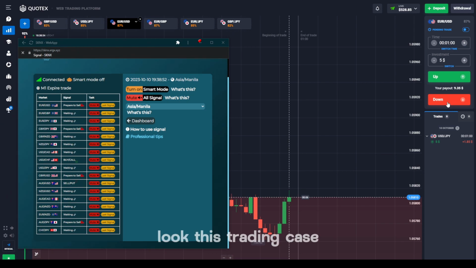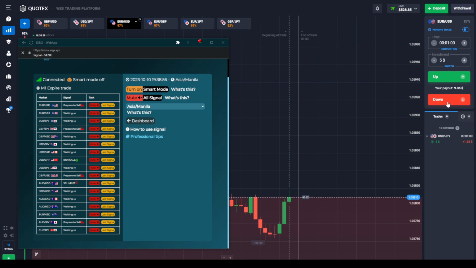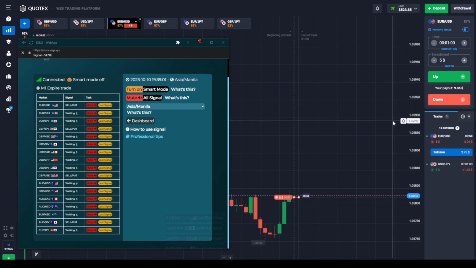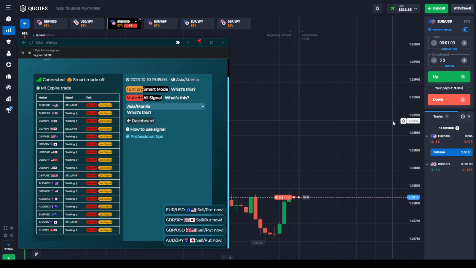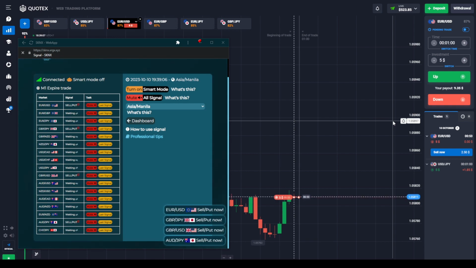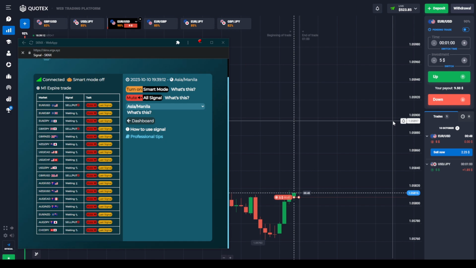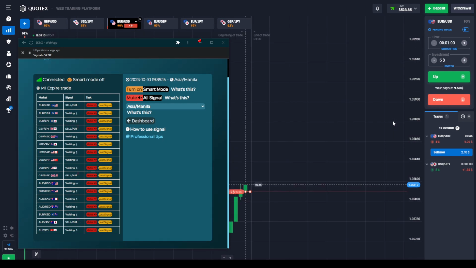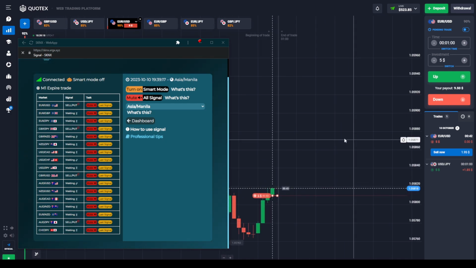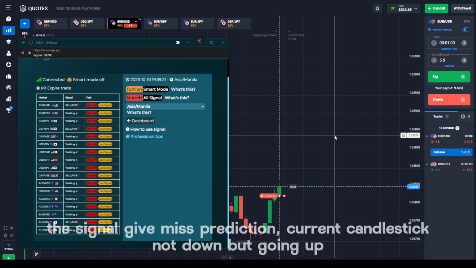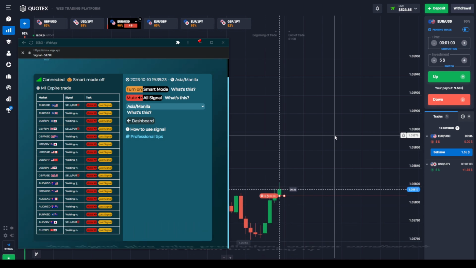Look at this trading case. The signal gave a misprediction. The current candlestick is not going down but going up.